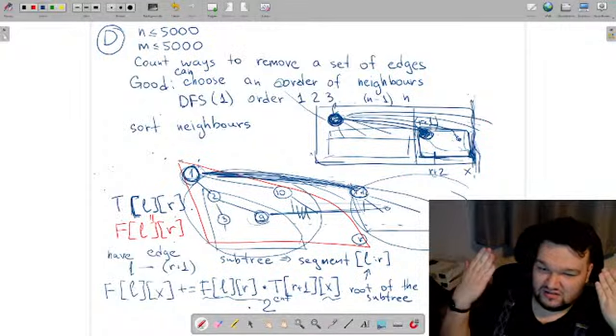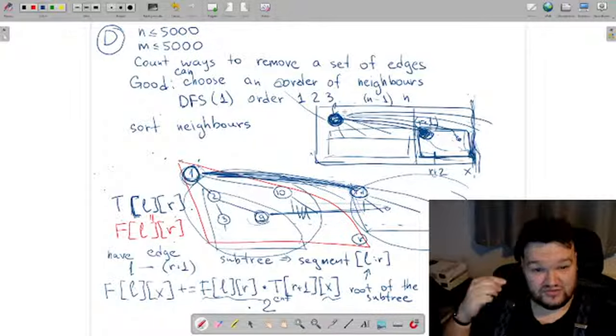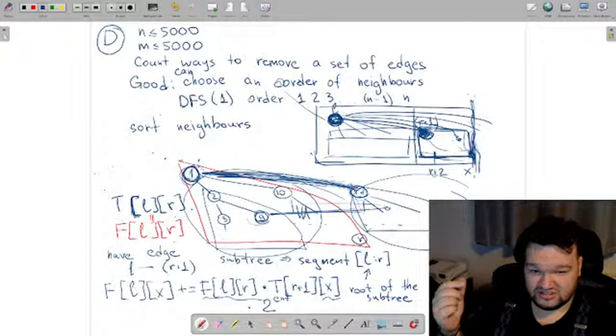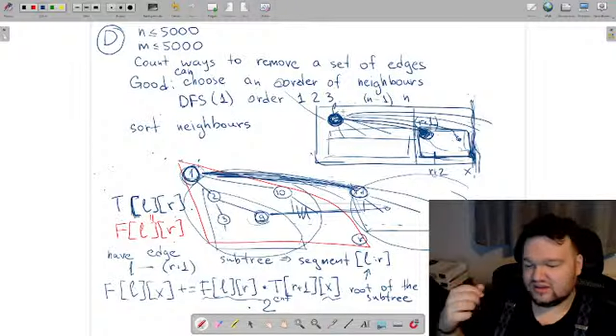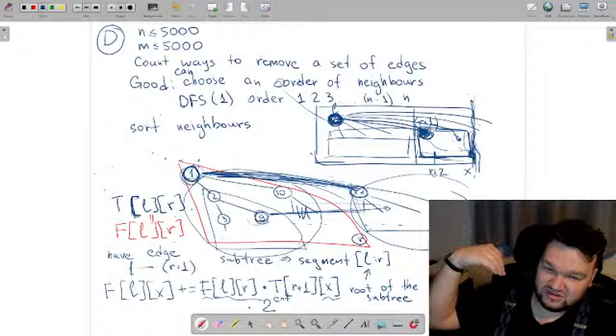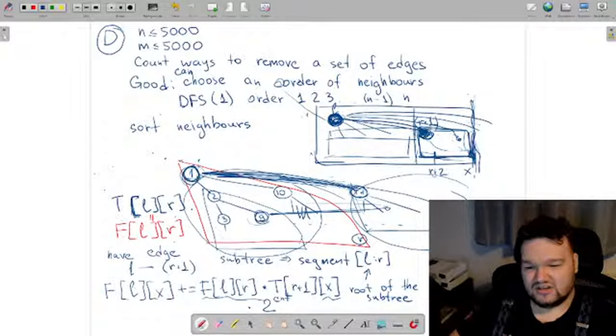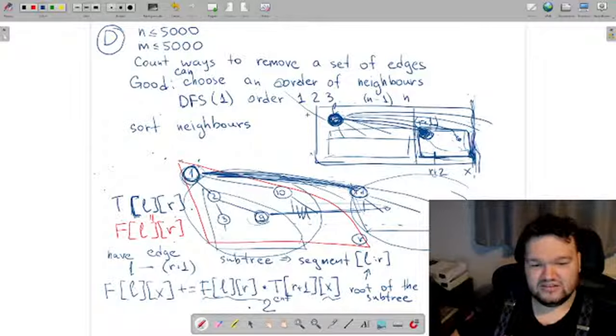So I did it the following way. At first I sorted all the edges from L, and I only store edges to the right. So I have my edges from L sorted. Now I consider them one by one from left to right.